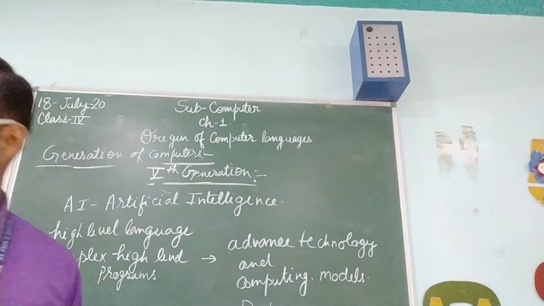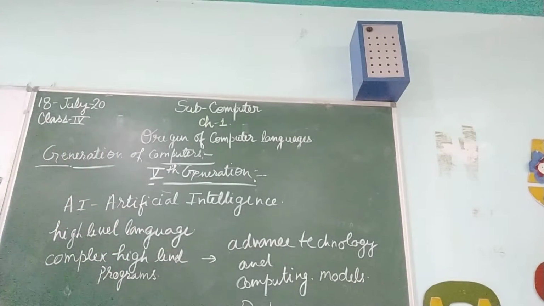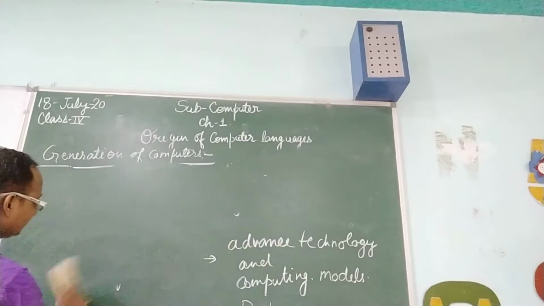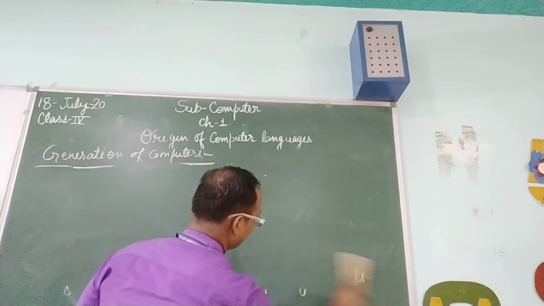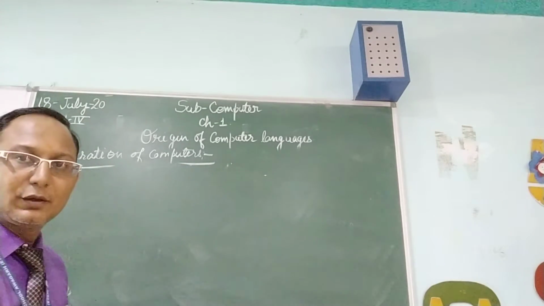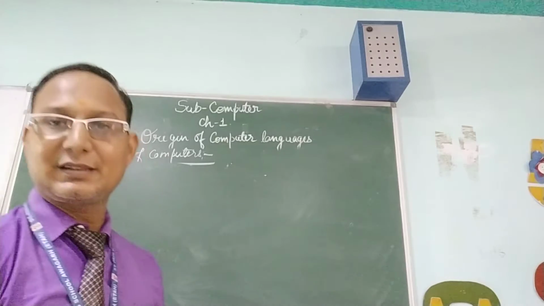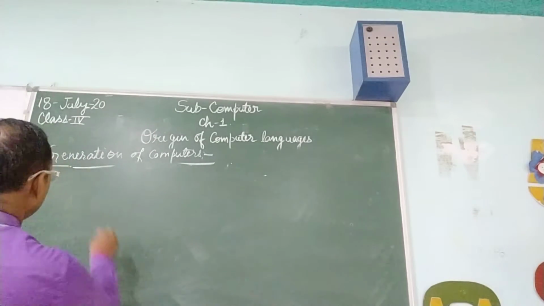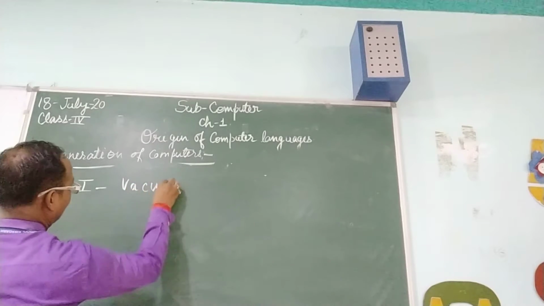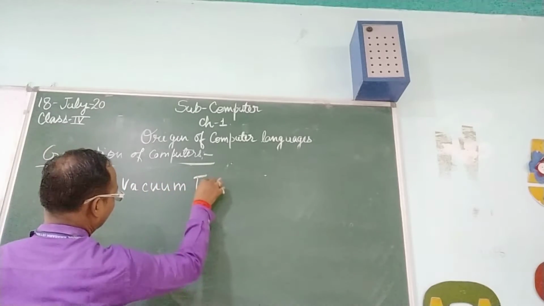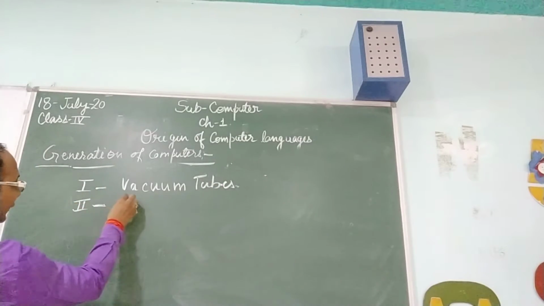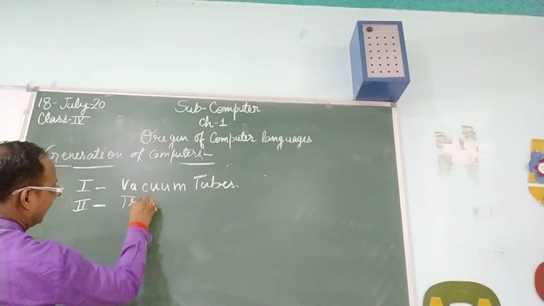Let us see again from the starting. Let us recall once again how the technology and the generation changed. In the first generation were used vacuum tubes. In second, technology used transistors.